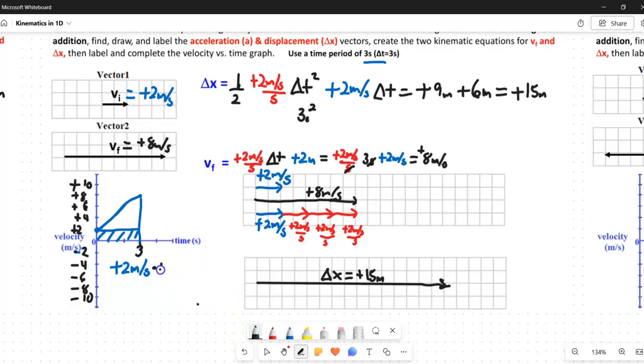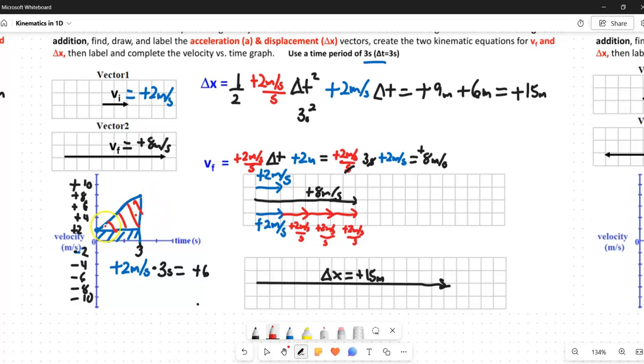times 3 seconds. So that's the tail end of this position versus time fit, which is going to be +6. The area above it right here is the area where the acceleration has added on to that initial velocity. So this area right here is the +9, right?